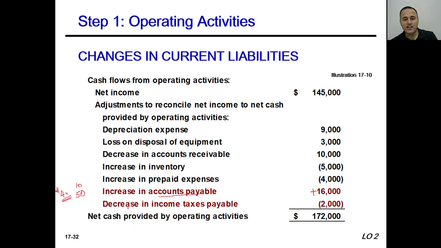A decrease in income taxes payable, it's a liability again, and if it decreases, it means that you paid your liabilities out, and once you pay out your liabilities, it's a cash outflow activity. If you analyze it systematically, it's super easy. There is no rocket science in it. Increase in liability is a cash inflow; decrease in liability is a cash outflow.